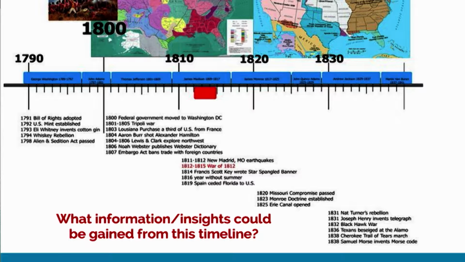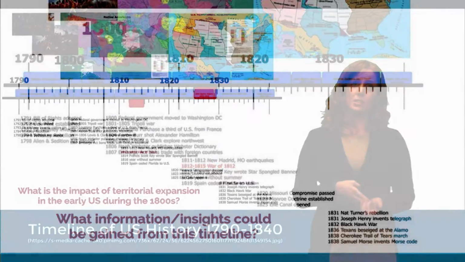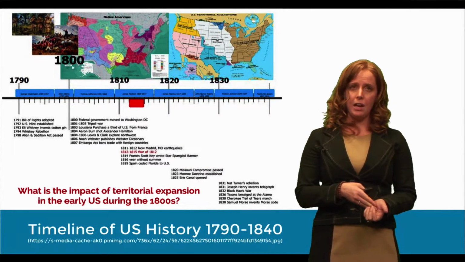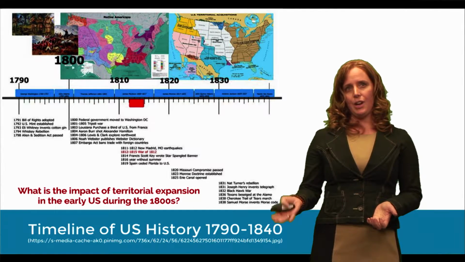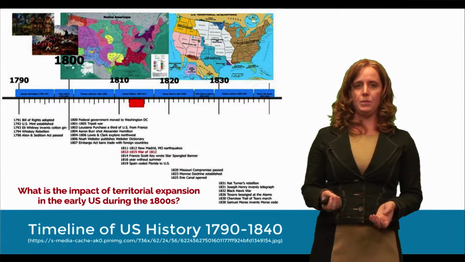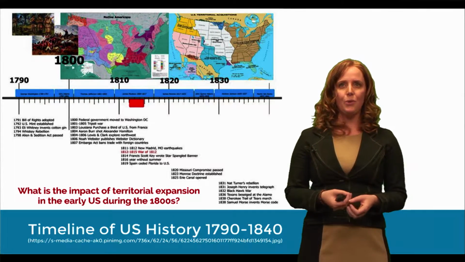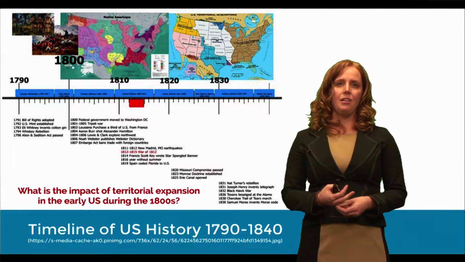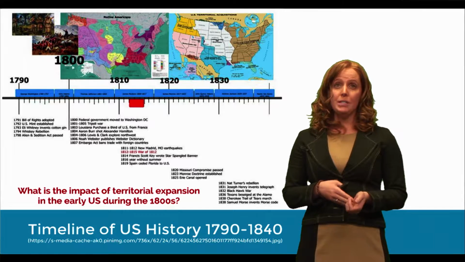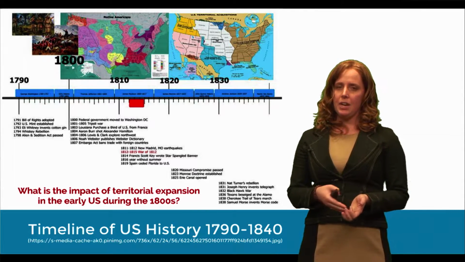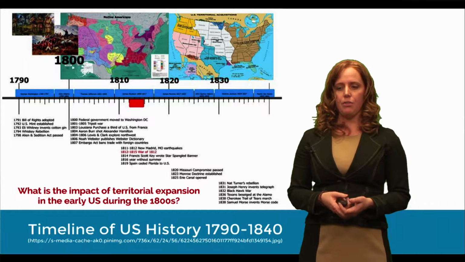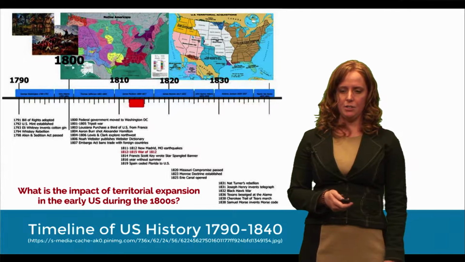And once I began to think about that, I would pose to students, after they come up with their hypothesis for what they think the impact of territorial acquisitions was during that early 1800s time period, what were the events that stood out to them that sparked these thoughts, whether it be the acquisition of resources or the displacement of native peoples, or whatever it may be for the impact of that territorial expansion.